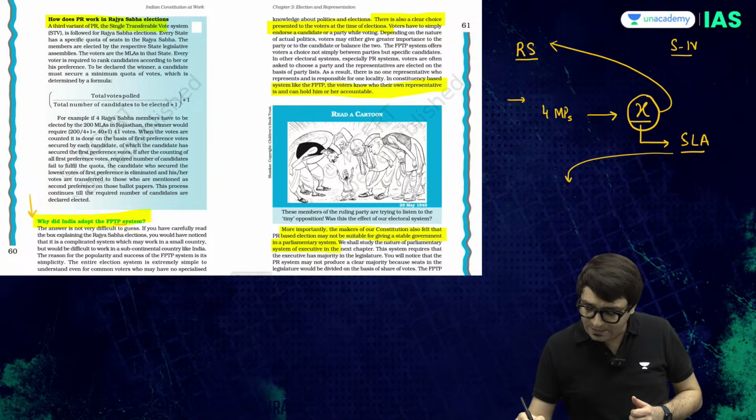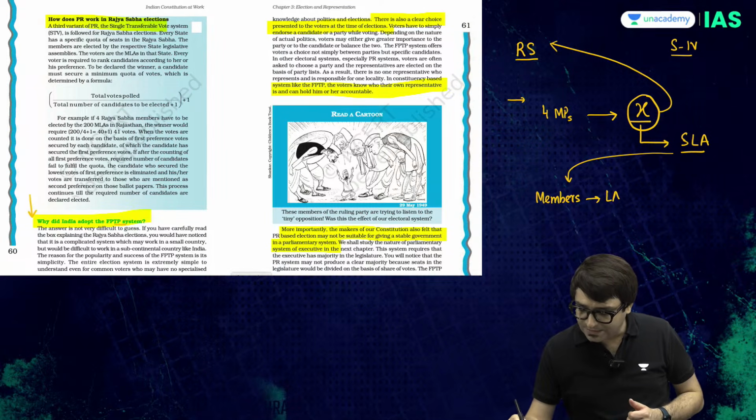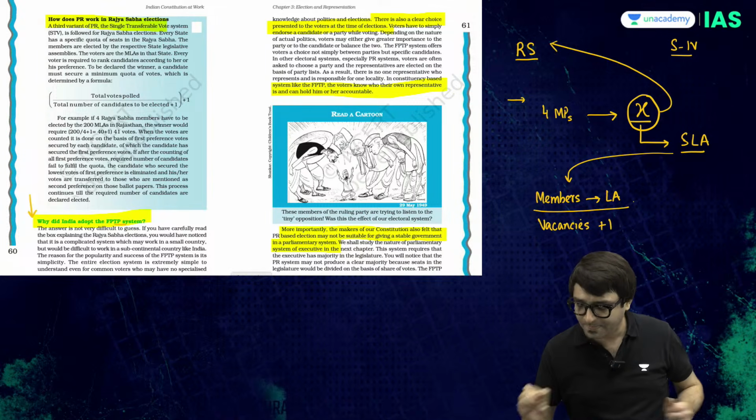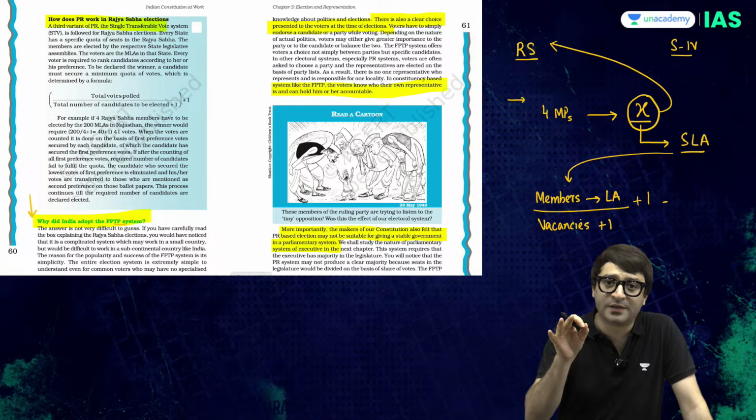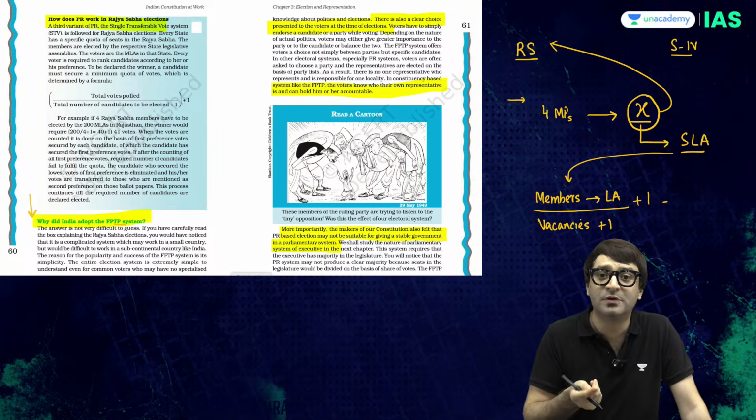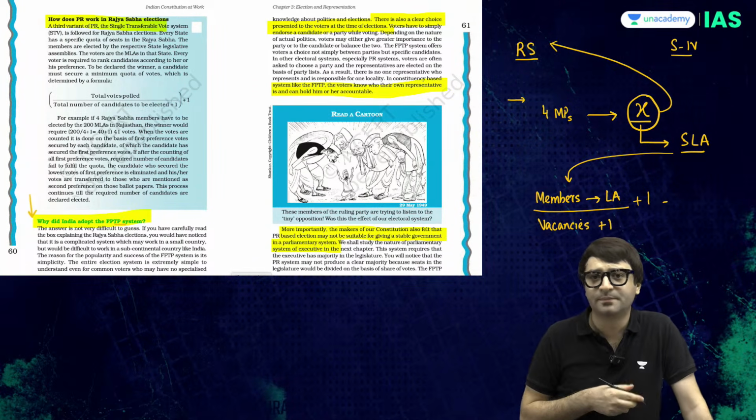How many members are there in the legislative assembly divided by number of vacancies plus 1, plus 1. This is the number of votes that a candidate should get in order to get elected to Rajya Sabha from that state.